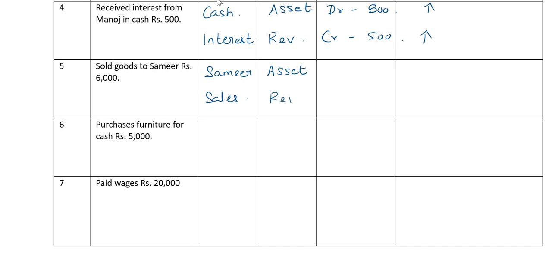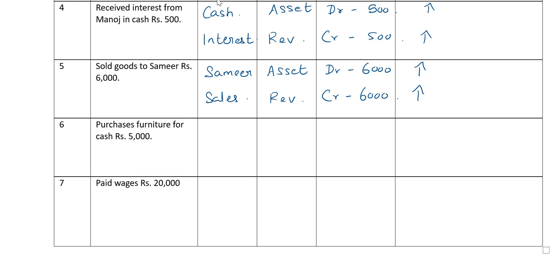Sales is revenue account. There's an increase in debtor asset and there is an increase in sales revenue. So Samir's account needs to be debited with 6,000 rupees and sales account needs to be credited because it's increased with 6,000 rupees.